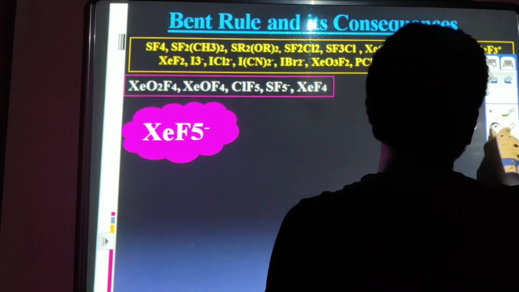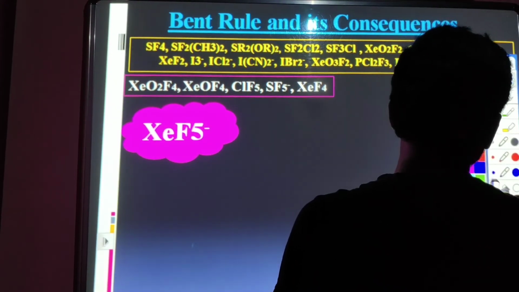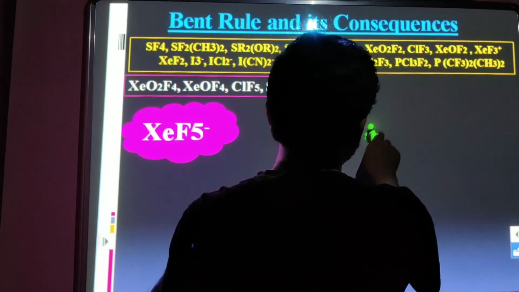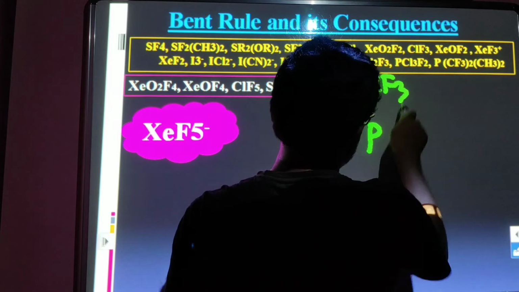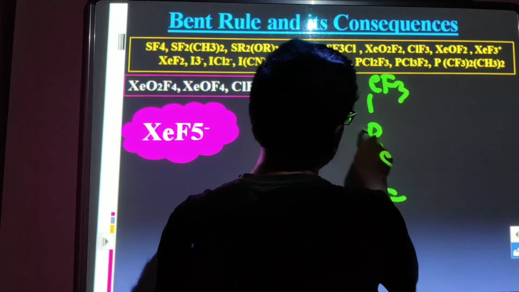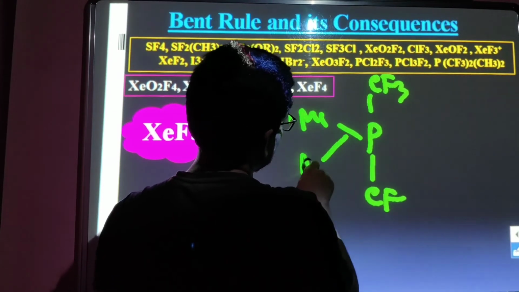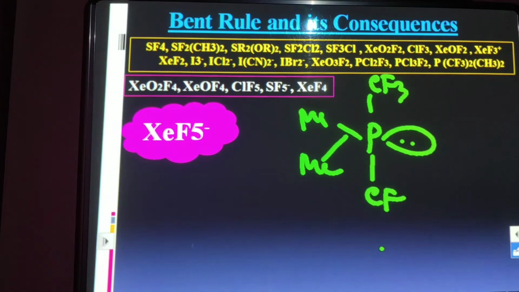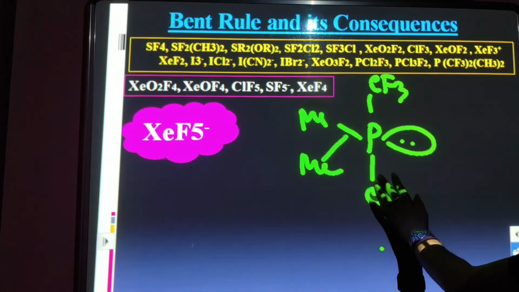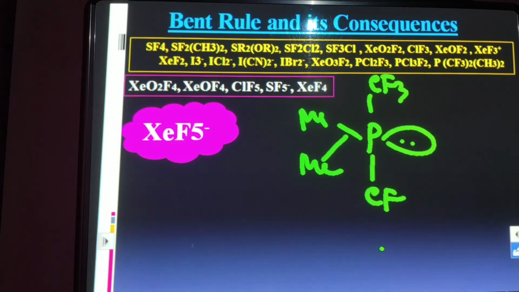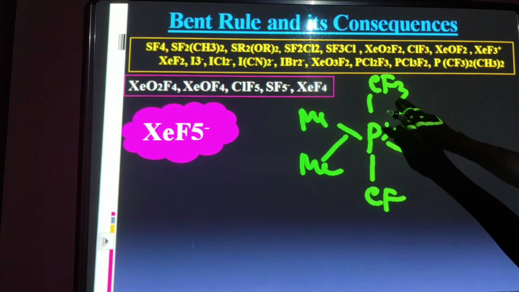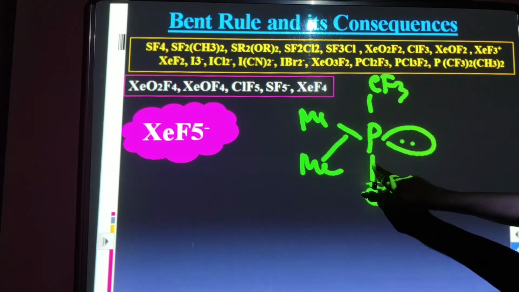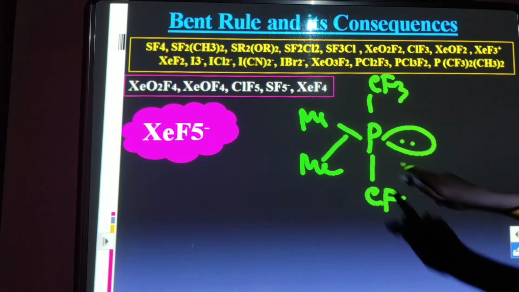Now what is this one? P(CF3)n(CH3)m. See, CF3 is more electronegative. So this is Me, this is Me, and 1 lone pair of electrons. 1, 2, 3, 4, 5.